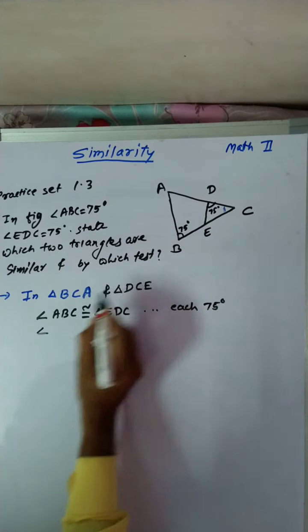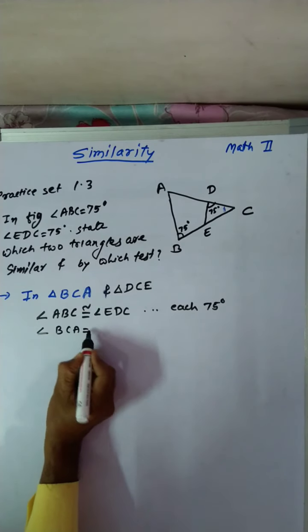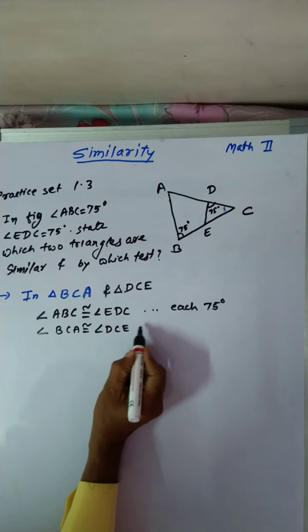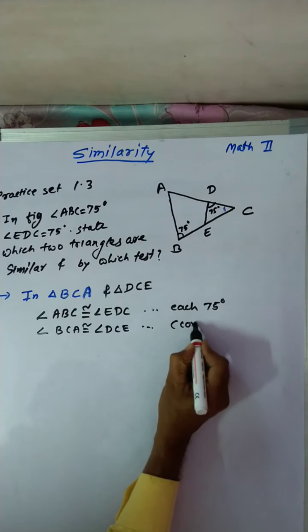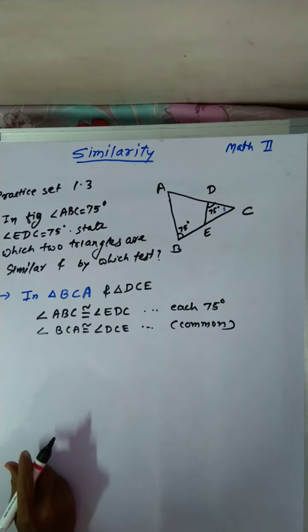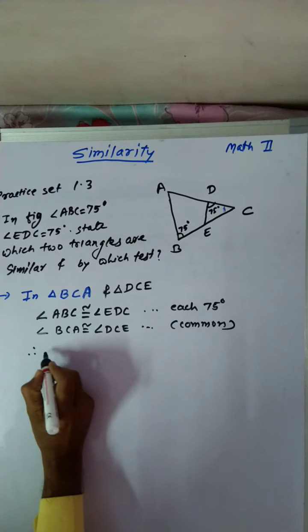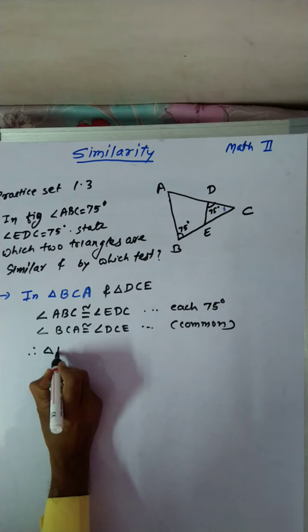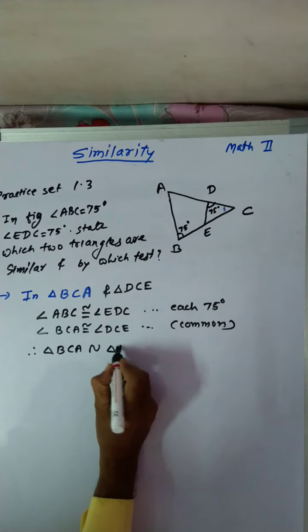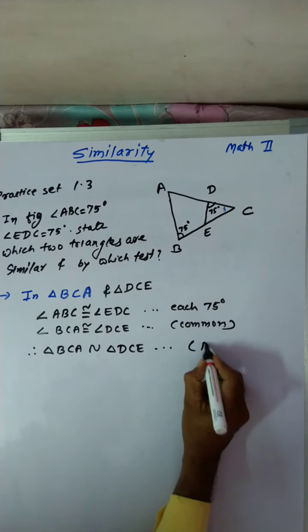Now angle C is common, that means angle BCA is congruent to angle DCE, which is the common angle. Hence these two angles are congruent, therefore these two triangles are similar by AA test. Therefore triangle BCA is similar to triangle DCE because of AA test.